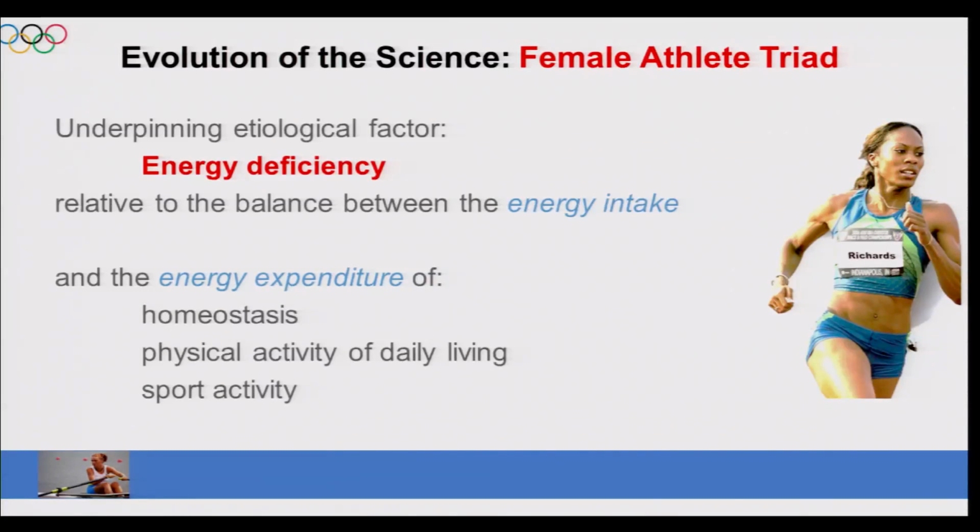Those expenses, of course, include homeostasis and the energy expenses of physical activity of daily living. But what varies in many people, of course, is sporting activity: how much energy is spent depends on their sport, but also on where they are in the periodization of their training.